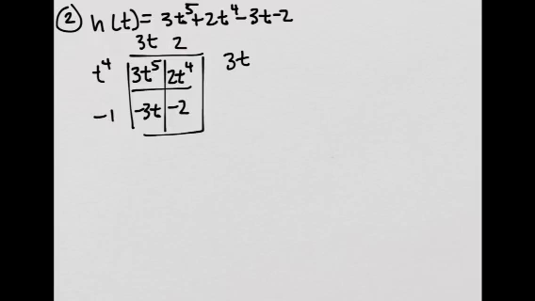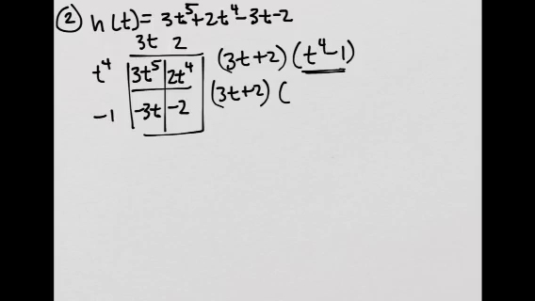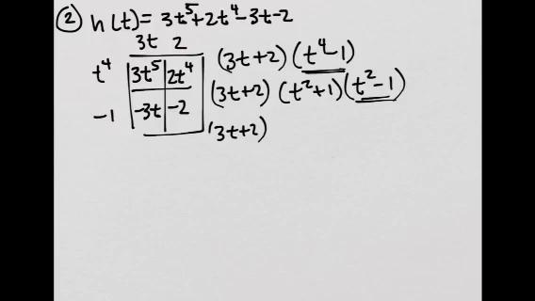So the factors are 3t plus 2, and then t to the 4th minus 1. So I can factor the difference of two squares here. So just bring down 3t plus 2, and then t squared plus 1, t squared minus 1. Here I have another difference of squares. t plus 1, t minus 1.